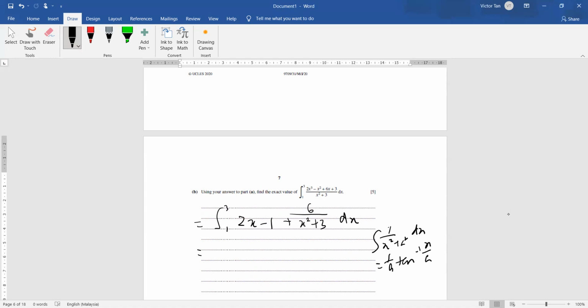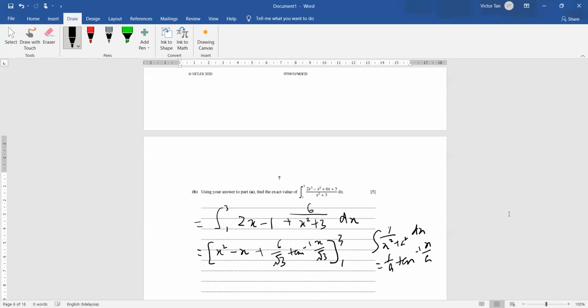So integrating 2x, you get x squared minus x, plus, with x squared plus a squared, so a is root 3, 6 over root 3, arctangent x over a, so x over root 3.